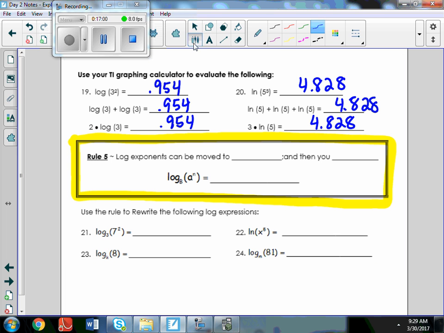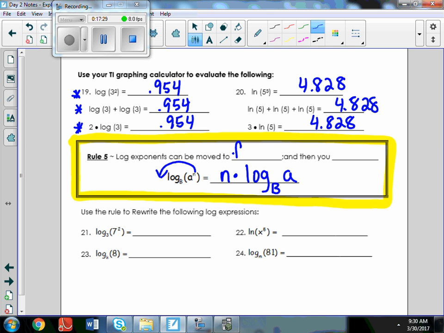And then the next one is another way to do it. So we already looked at rewriting addition as multiplication, so that means 3 times 3. The last way to do it is there's a rule that says when you have an exponent on your log number, you're allowed to move that exponent to the front. And then you can do the exponent as a number times the log.